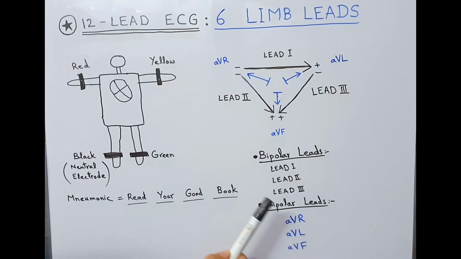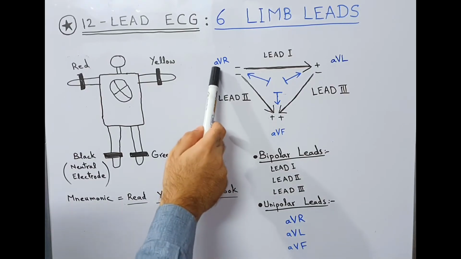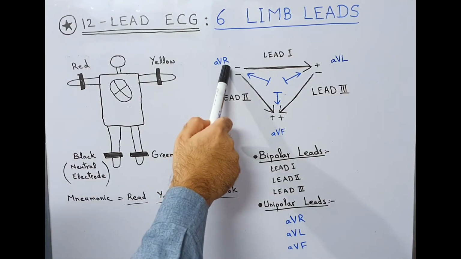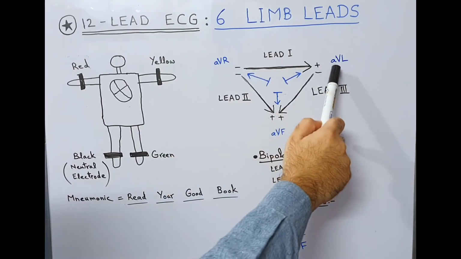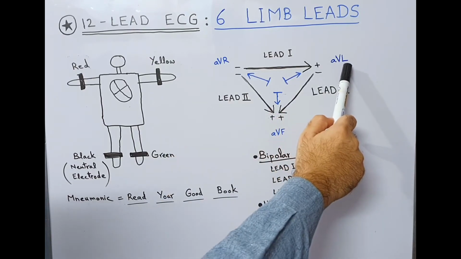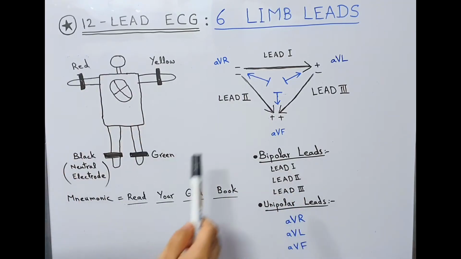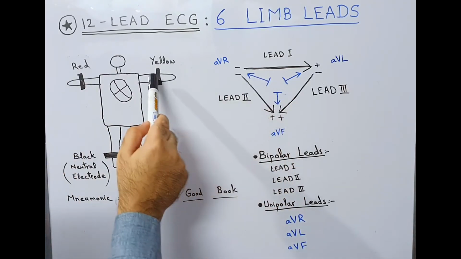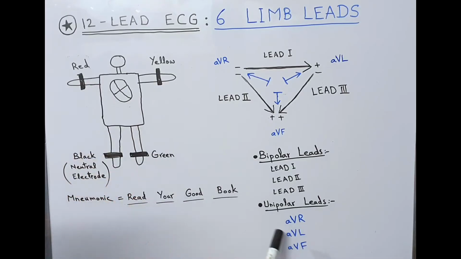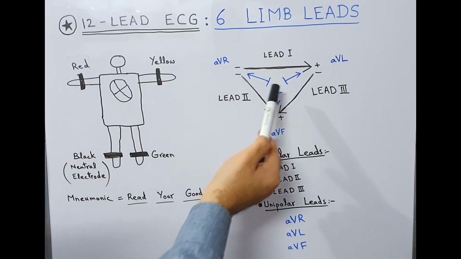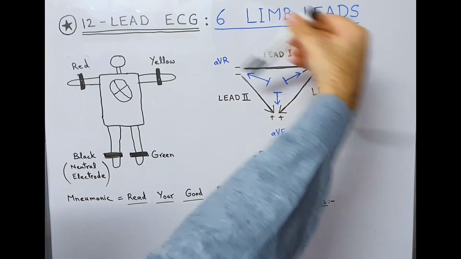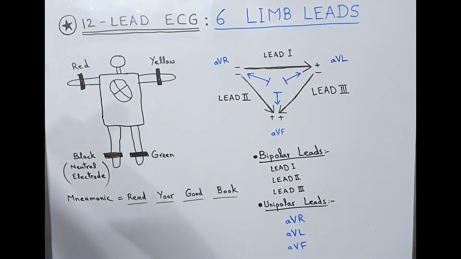Then there are unipolar leads, AVR, AVL and AVF. A means augmented, and R, L, F mean right arm, left arm, foot. These catch signal from single electrodes, therefore they are called unipolar leads, and they see the heart from this direction, from this direction and from this direction.